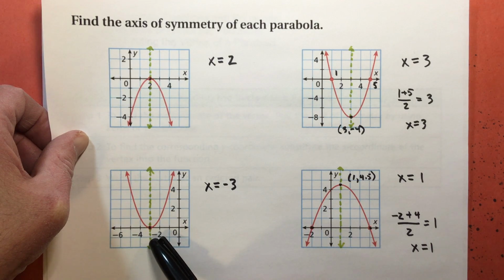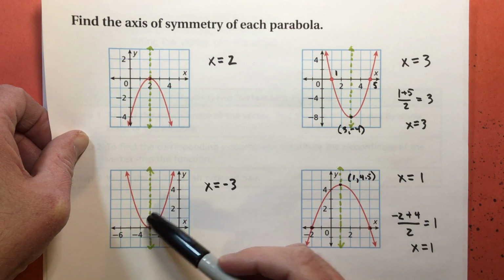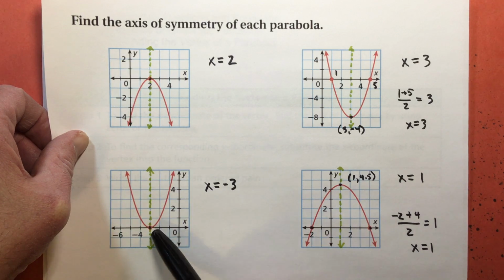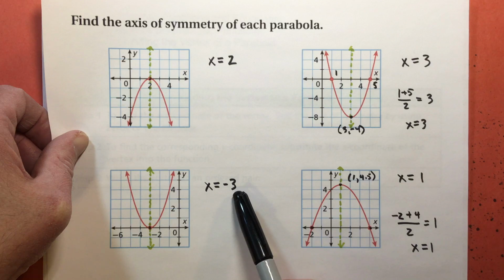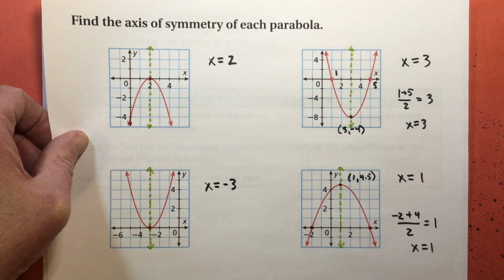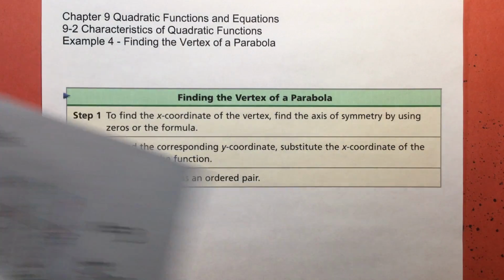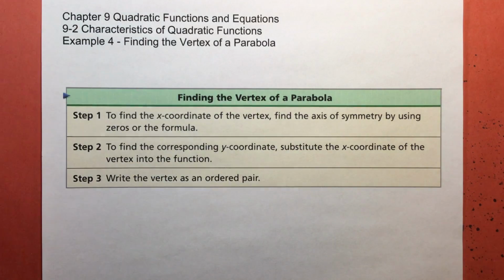But since the axis of symmetry goes through the vertex, they share the x value. So if I wanted to find the vertex, I already know the x coordinate. All I have to do is figure out the y coordinate. And that we can do.